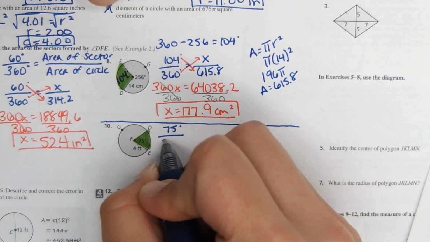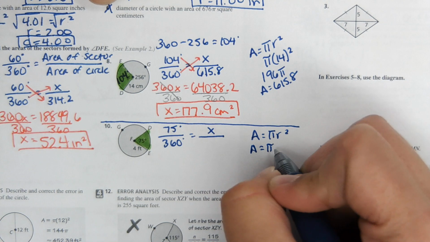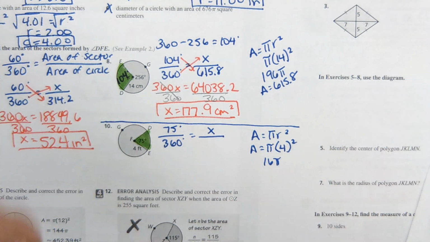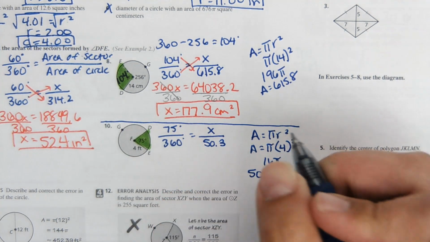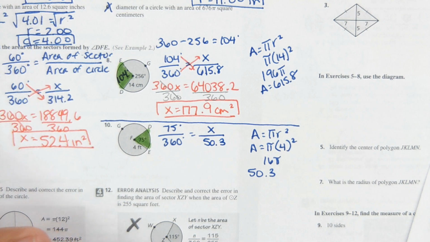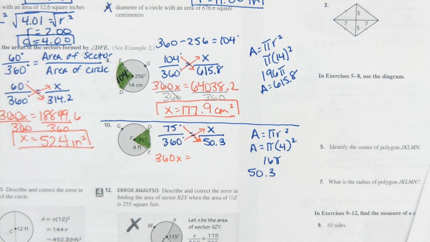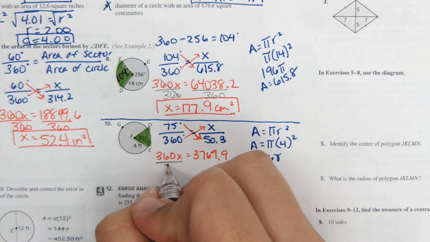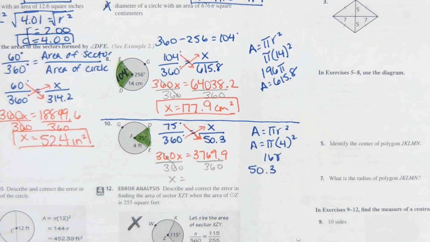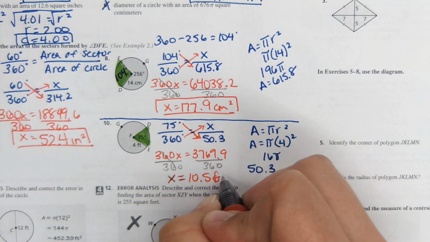The degrees is 75 degrees over 360 equals area of the sector over area of the circle, and then off to the side to find area of the circle. X equals 10.5 feet squared.